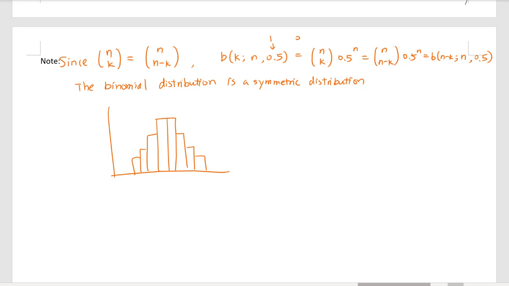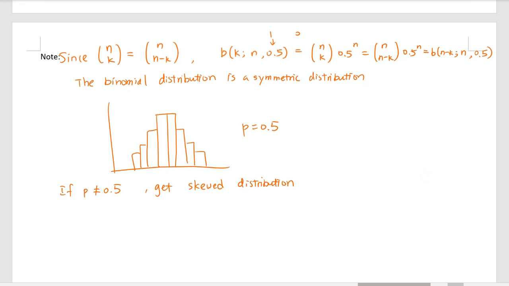So it's a symmetric distribution. Okay, so if p is not equal to 0.5, we actually will get a skewed distribution.